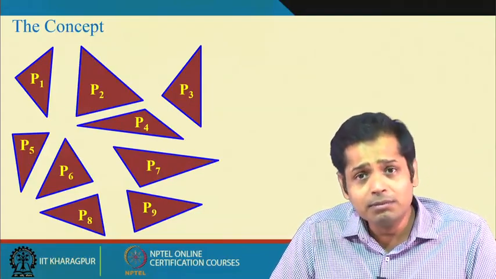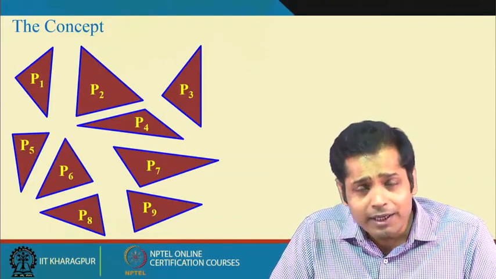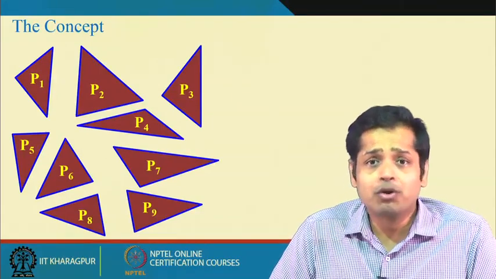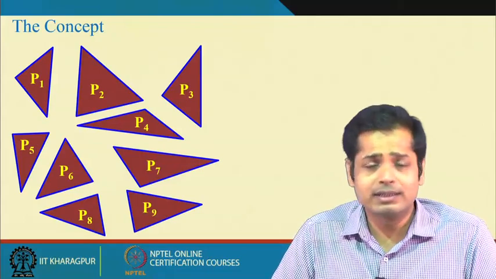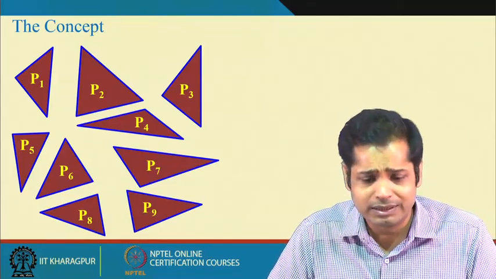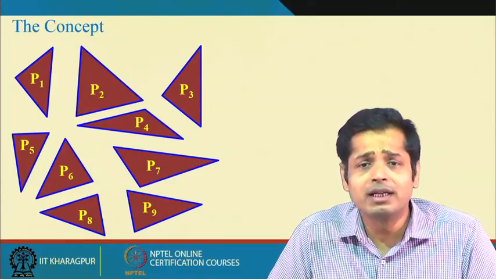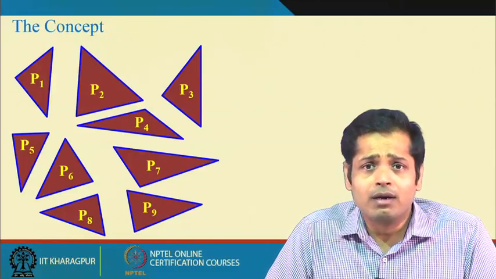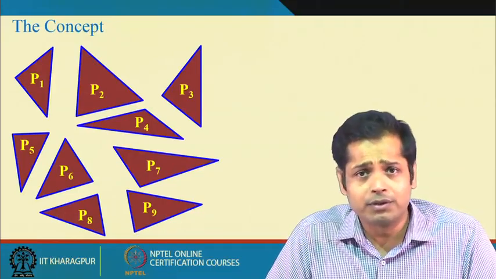Then we assemble, we combine those equations to get the equations for the entire structure, and then we solve those equations. That is the core philosophy behind matrix method of structural analysis.